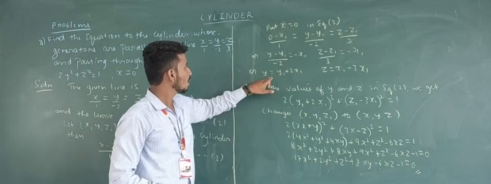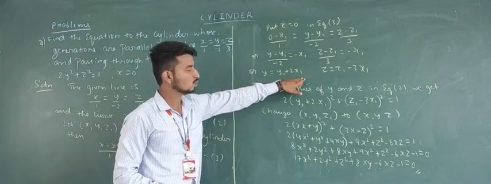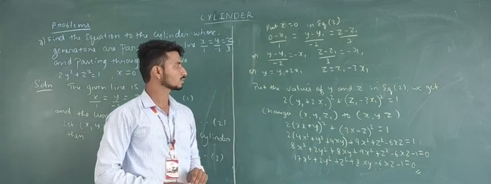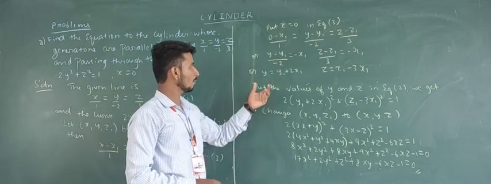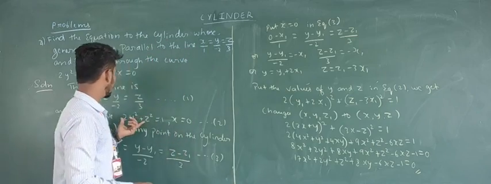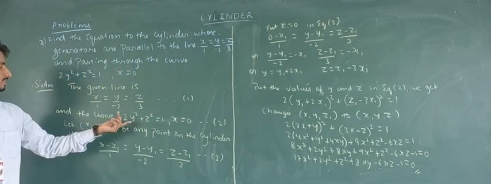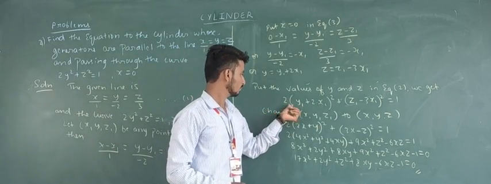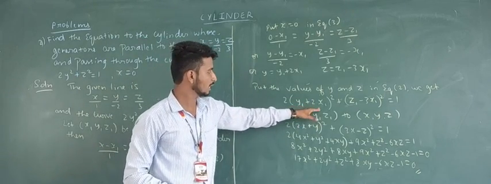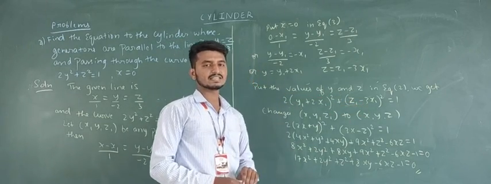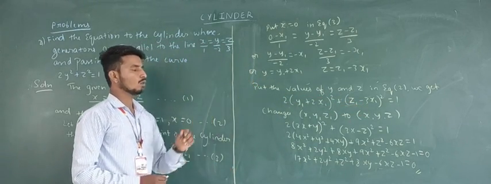So y equals y1 plus 2x1 and z equals z1 minus 3x1. We substitute these y and z values in equation 2, the equation of the curve. That will be 2 into y1 plus 2x1 whole square plus z1 minus 3x1 whole square equal to 1.